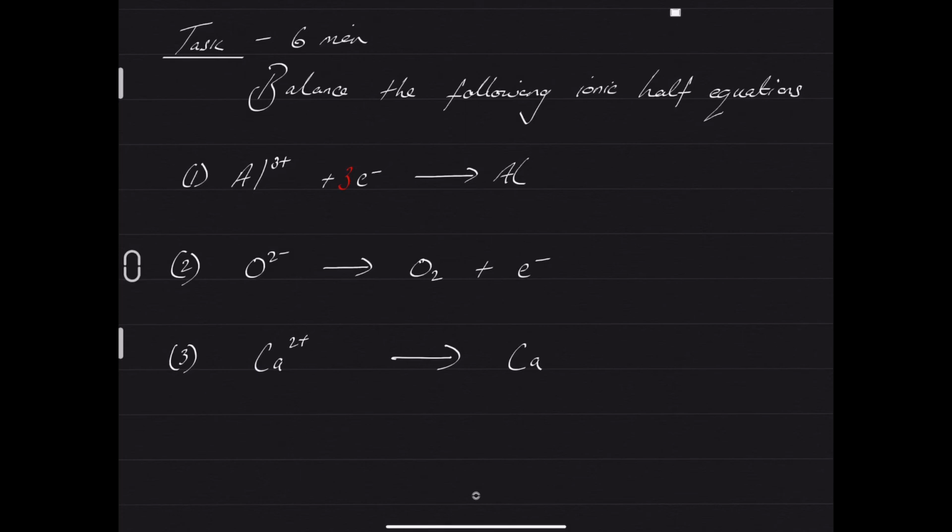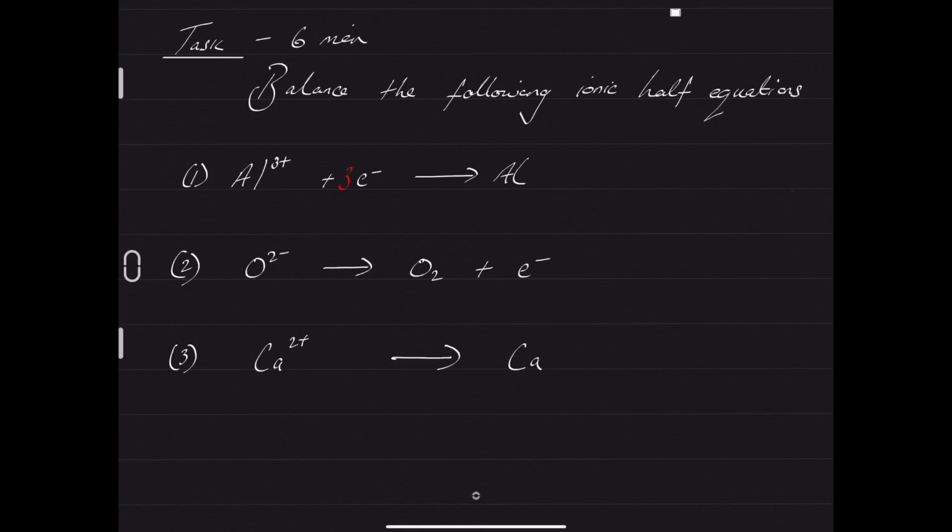Question number 2. We start with O2-. Here we have an O2- ion. Now we need to get a diatomic O2 molecule, which is neutral, and straight away we can see that we have 2 atoms.